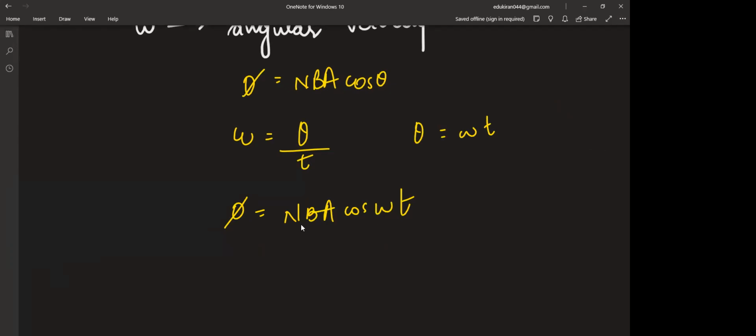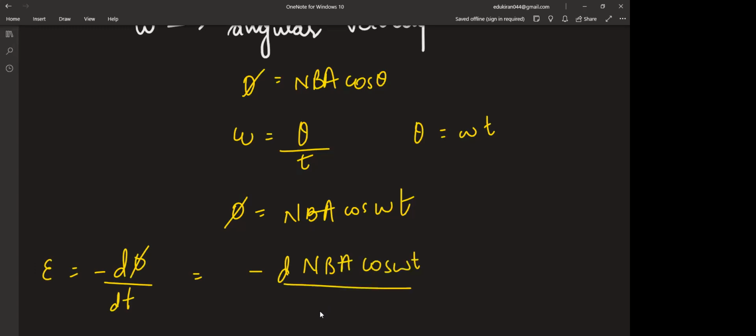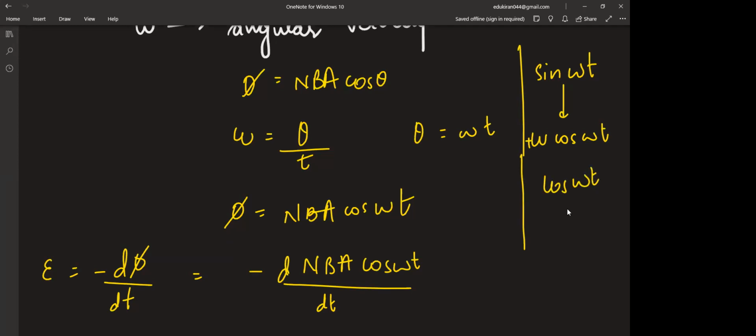But what about EMF? Our concern was with EMF. So we have the relation E is equal to minus d phi over dt. Now substitute: E is minus d of NBA cos omega t over dt. Always remember this: when you differentiate sine omega t, it gives omega cos omega t, and when you differentiate cos omega t, it gives minus omega sine omega t.